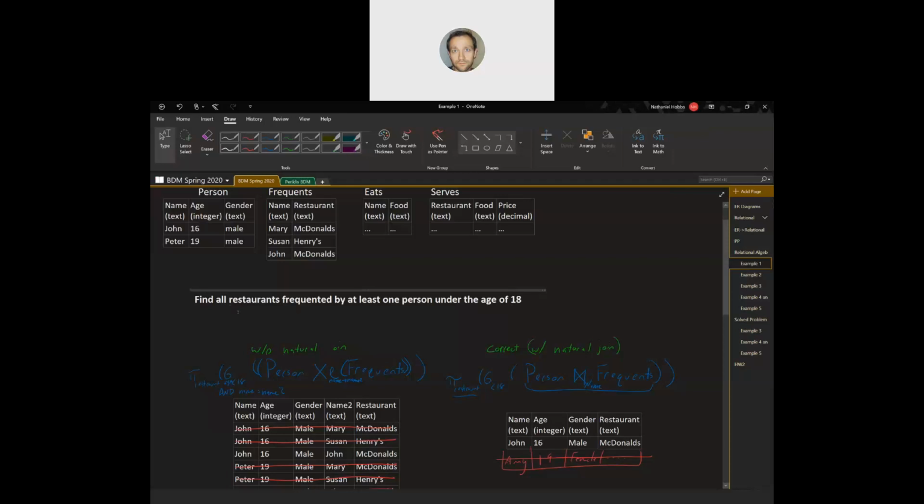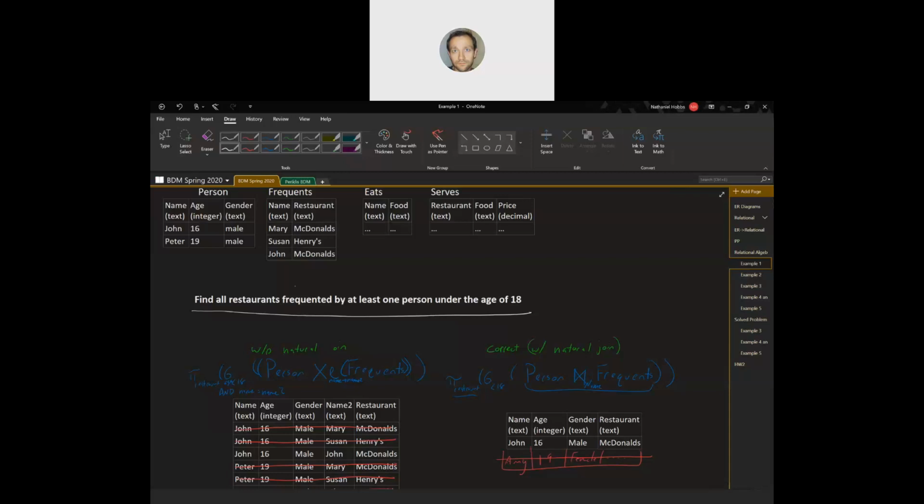So to find all restaurants frequented by at least one person under the age of 18, here were the two ways that we showed how to do it. When you look at a query like this, it's helpful to try to figure out which relations are going to be important to manipulate.